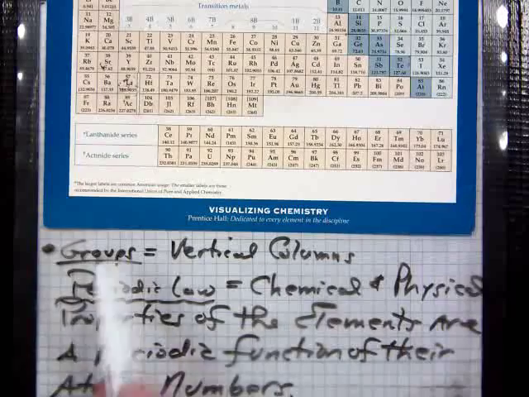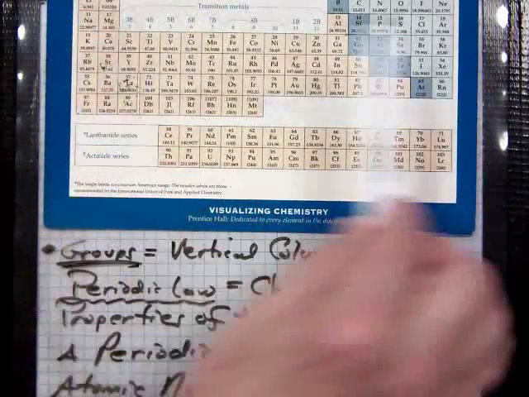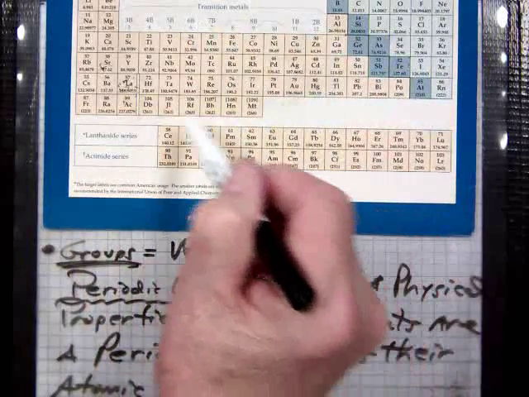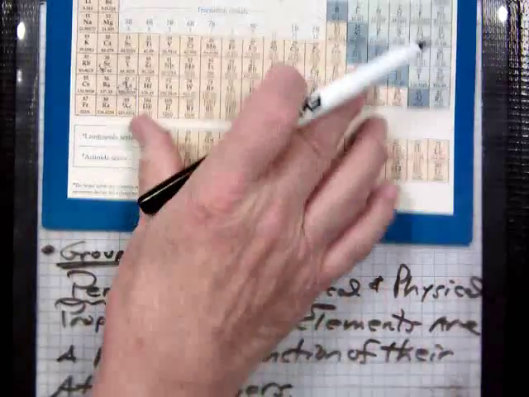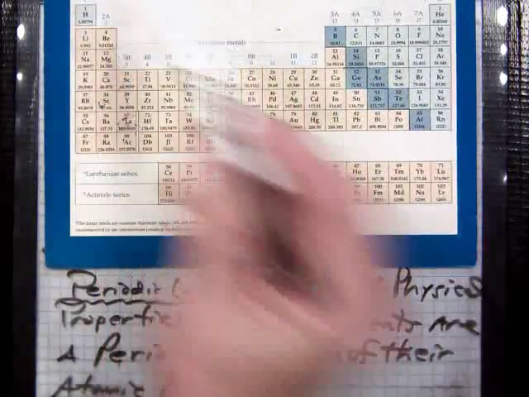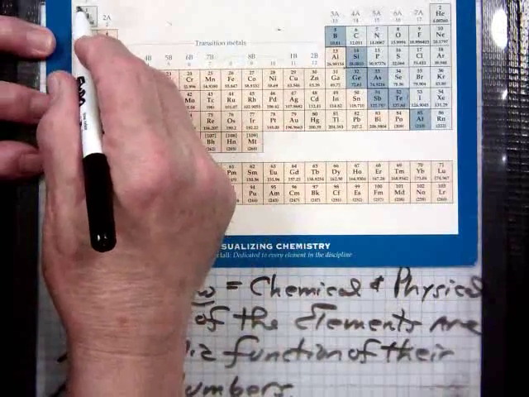The group number, like you have on a periodic table, and this is called the transition group, right here in the middle. You can see the term transition metals, and then we have main groups right here. So that's one of the things you need to be certainly aware of.